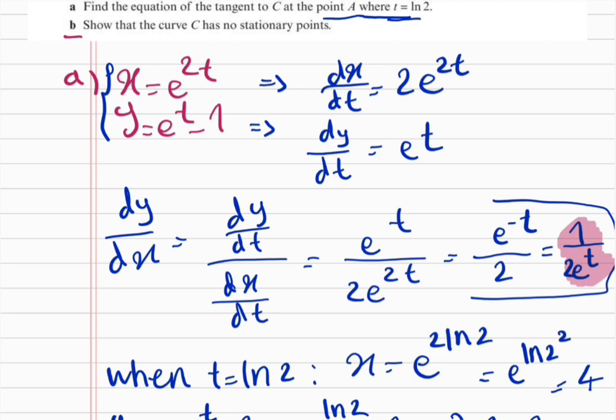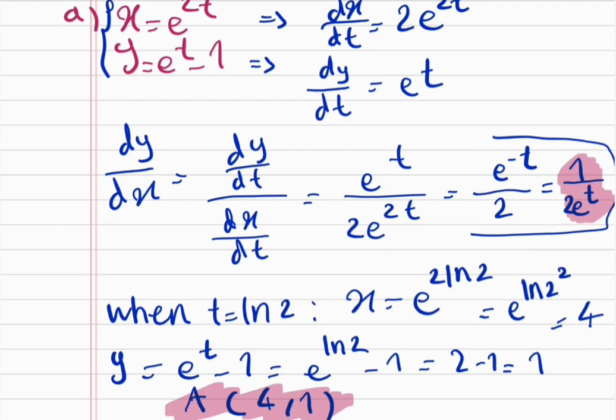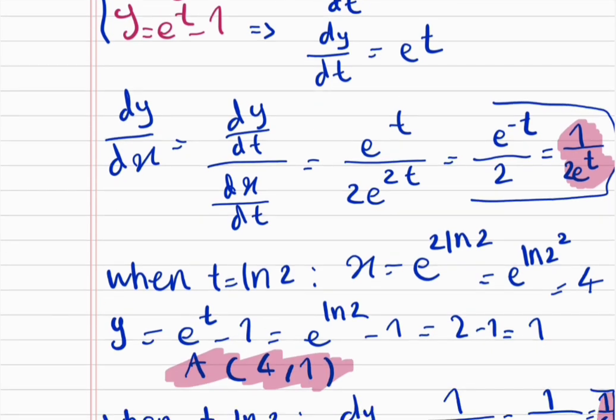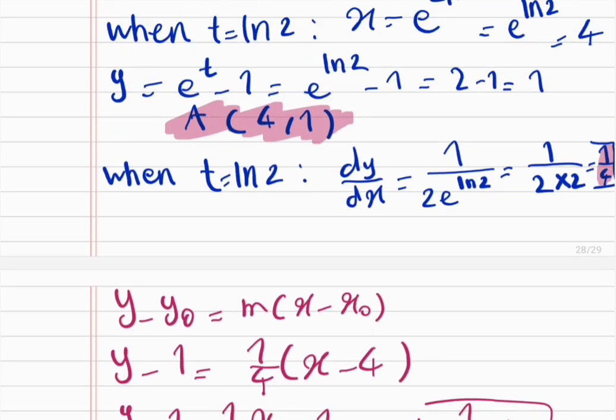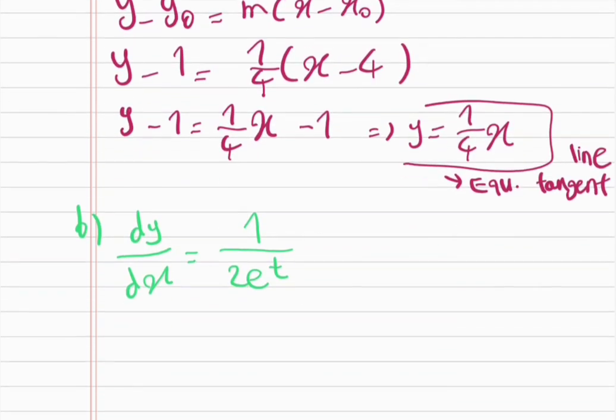So for part B, we know that dy/dx from part A is 1 over 2 times e to the power of t.